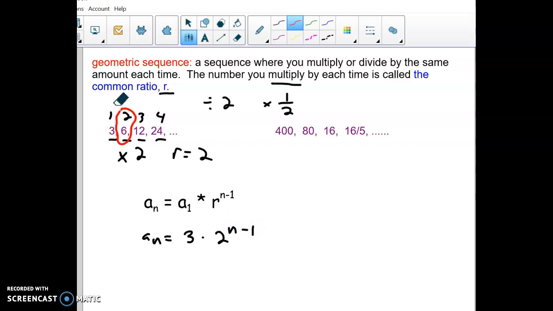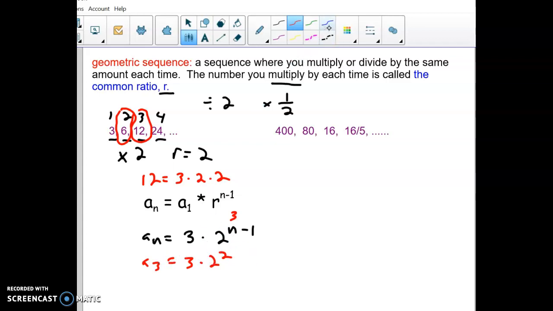We don't have 2 times 2, we have 1 times 2. Similarly, 12 is really 3 times 2 twice. If we put in n of 3 here, we get 3 times 2 to the second, which is another way of saying 3 times 2 twice. That's how we'd figure out the third position: you just put it in for n.